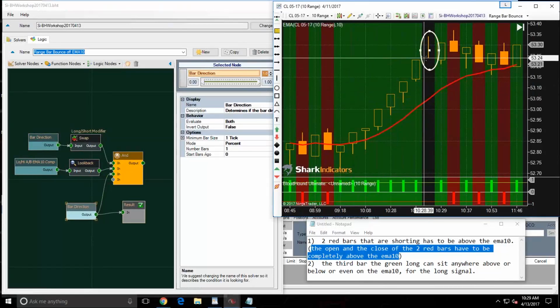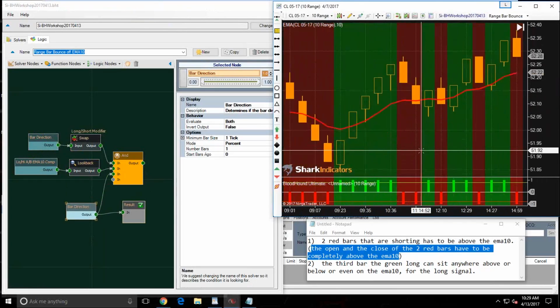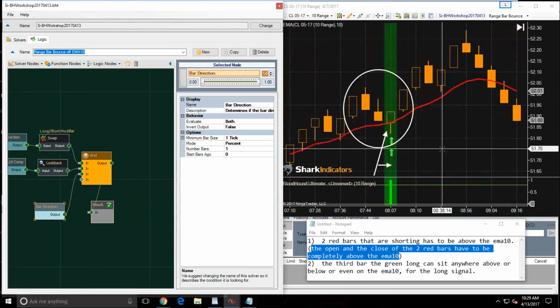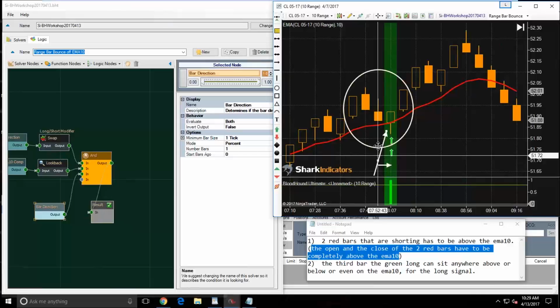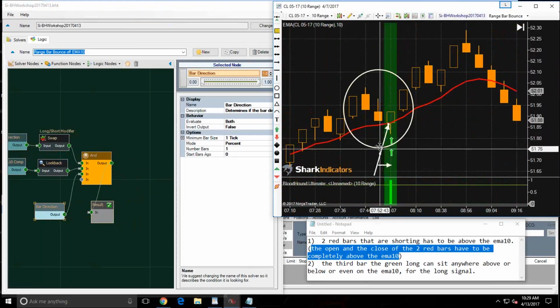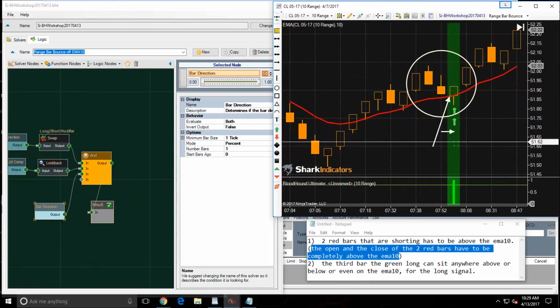So if there's a doji, that could be kind of the exception there. Let's just imagine this was a doji. This signal could have been missed if that was a doji there. There is a pretty simple workaround for that.